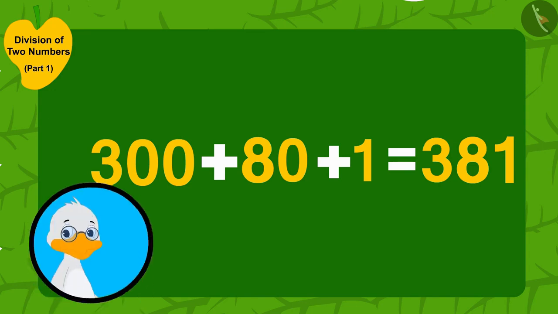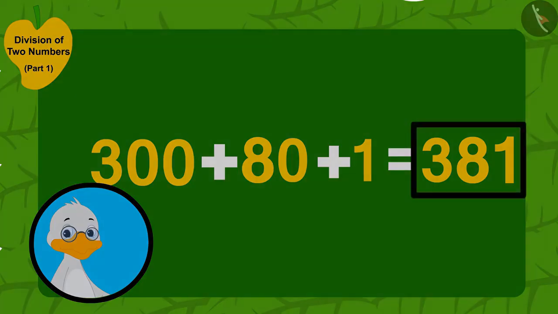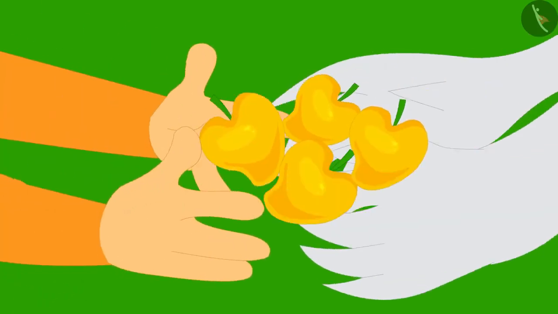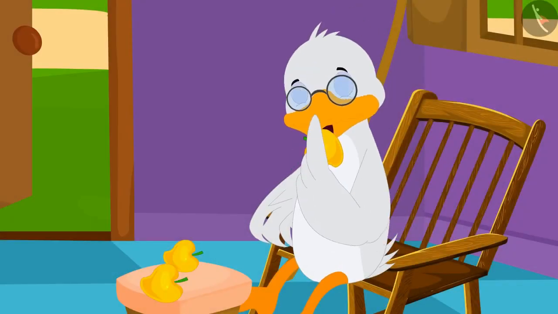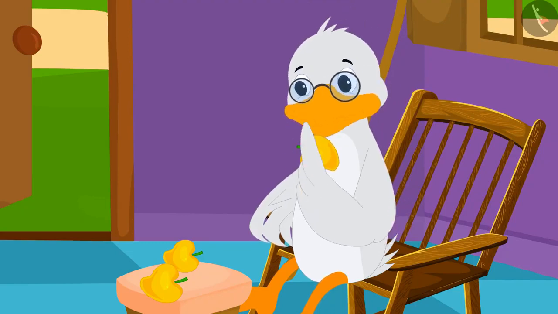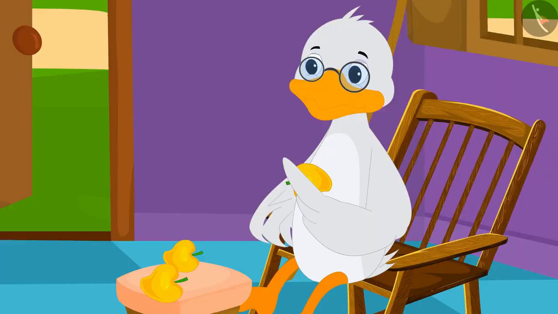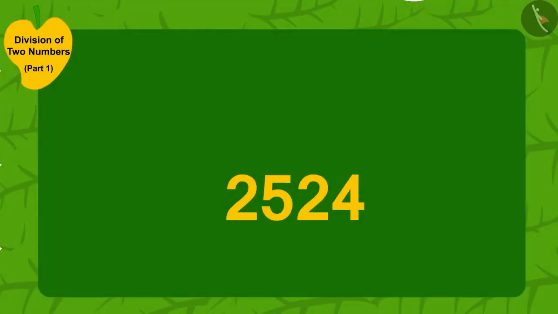Badbole uncle distributed 4 mangoes each to a total of 381 villagers. Uncle distributed the mangoes to the villagers and has now happily returned home and is eating the 3 mangoes that were left for him.